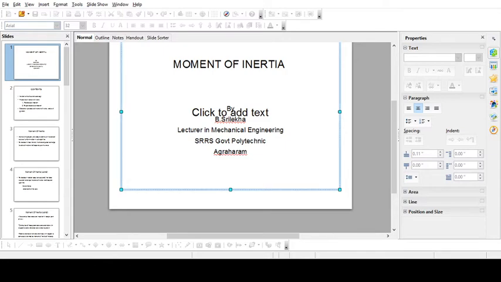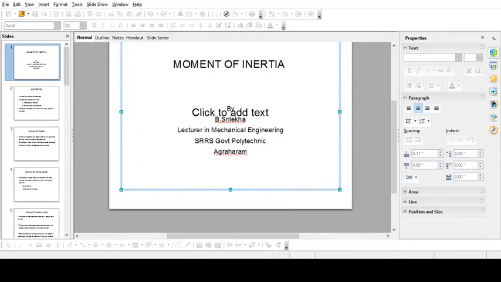Next, the relative distribution of area and mass with respect to some axis is nothing but the moment of inertia of that body. So simply you can say that moment of force about any point is nothing but the product of the force and the perpendicular distance between the point of application of the force and the body on which force is applied.